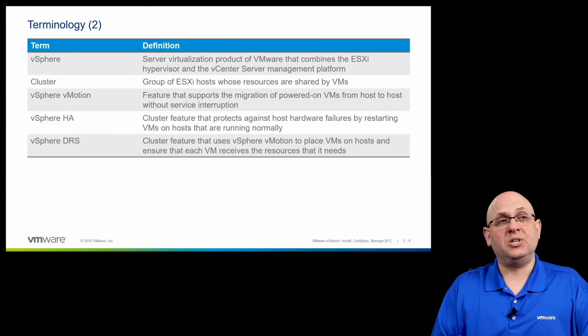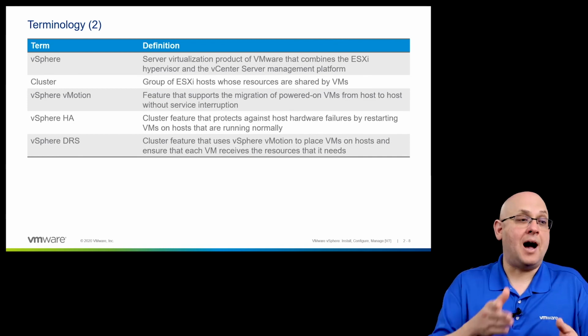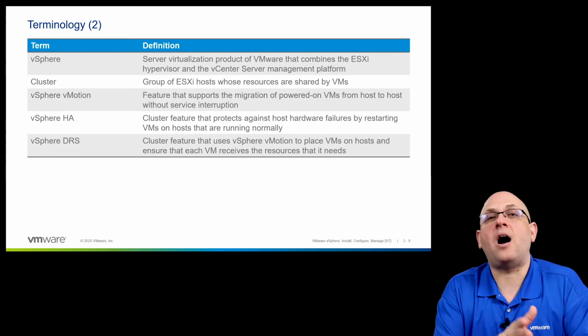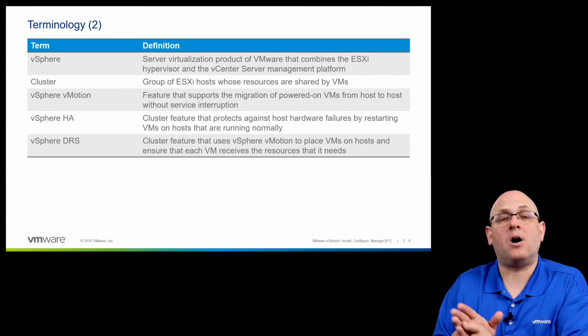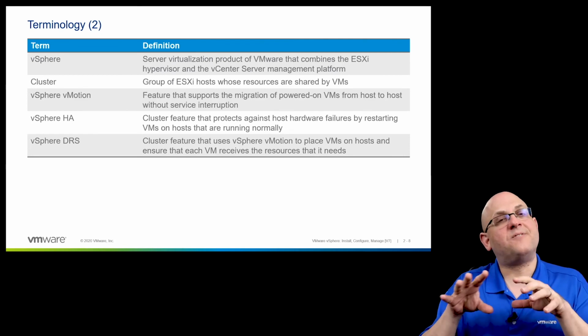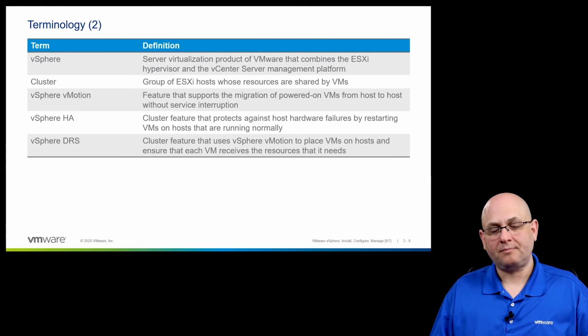What vSphere High Availability will do is say, I know what virtual machines were running on that host. Let's make sure that they automatically get powered on and started on other available hosts. That's the fundamental feature of vSphere HA.